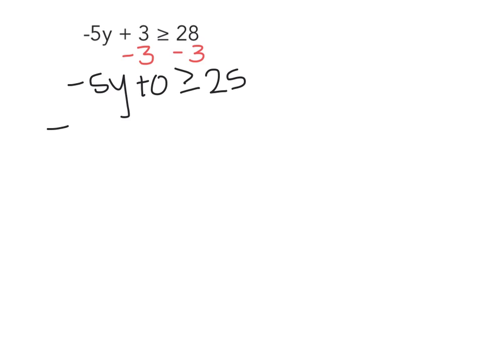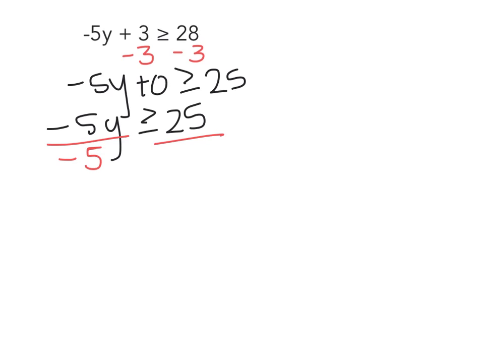And this is the same, as you know, as negative 5y is greater than or equal to 25. Now, negative 5y is a multiplication problem, right? It's the same as saying negative 5 times y. And the opposite of multiplication, as you know, is division. So we are going to divide by negative 5 on both sides. Okay? And negative 5 divided by negative 5 is just 1y, or y.